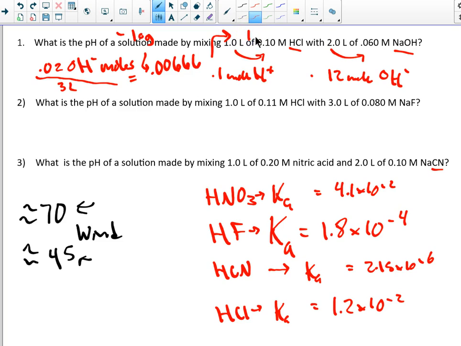Now that's not my answer, right? My answer, since this was base that was excess, it's 14 minus 2.18. So we get 11.82.